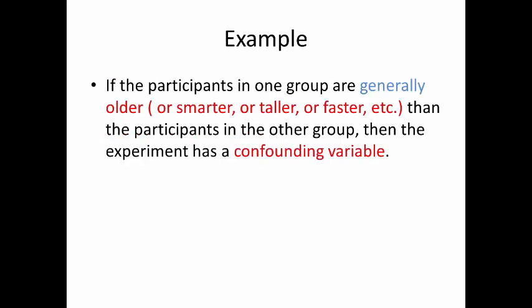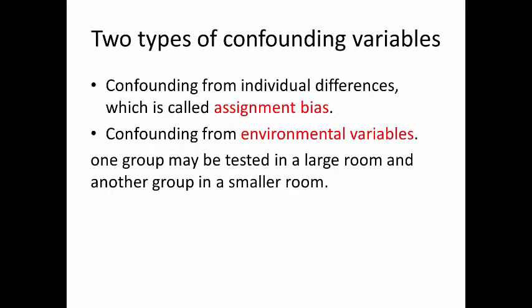An example of a group difference is when one group is smarter or taller or faster than the other, and because of this we are dealing with confounding variables that is totally unrelated to the experimental treatment. Therefore, we have two types of confounding variables.